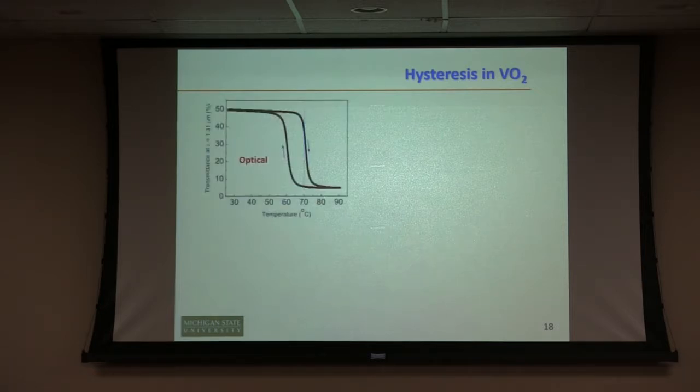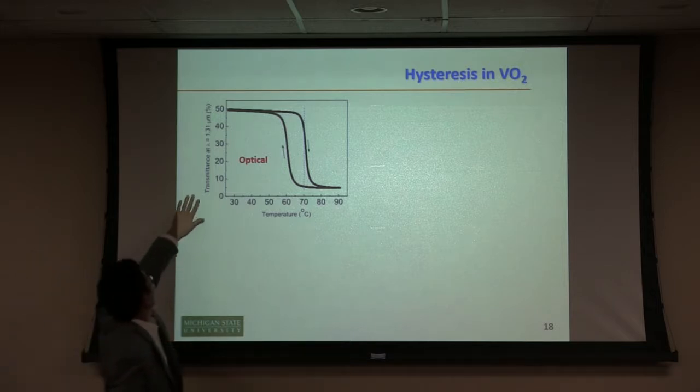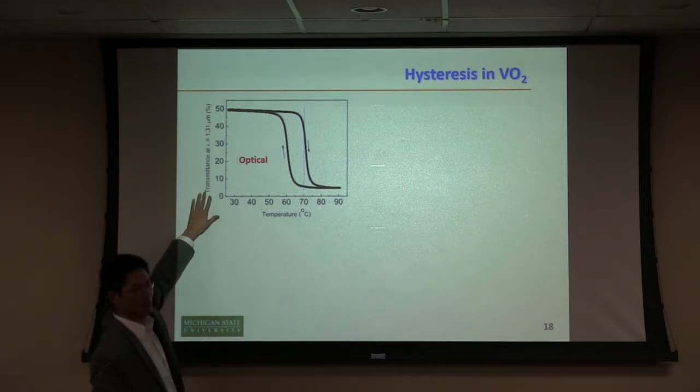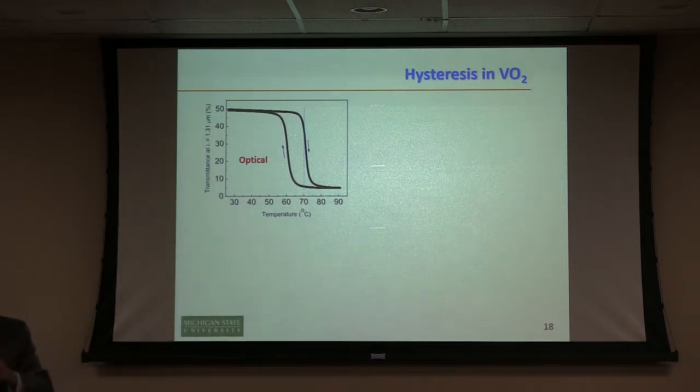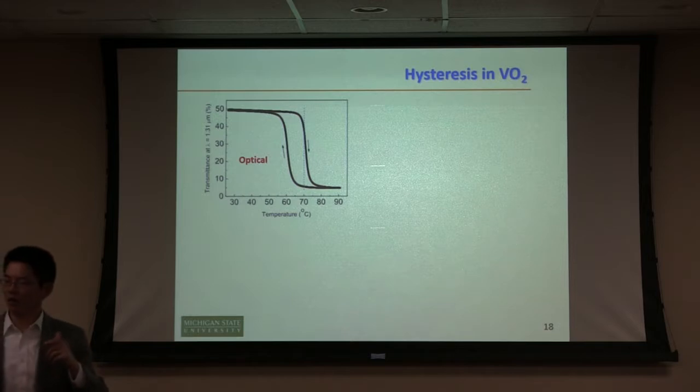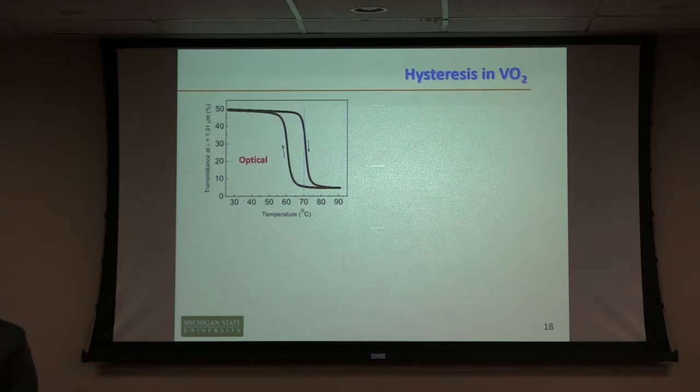So you will see optical property changes. What you're seeing here for VO2 during the transition is optical transmittance for infrared. It is transparent to infrared at low temperature, but when you heat it up, it becomes opaque.